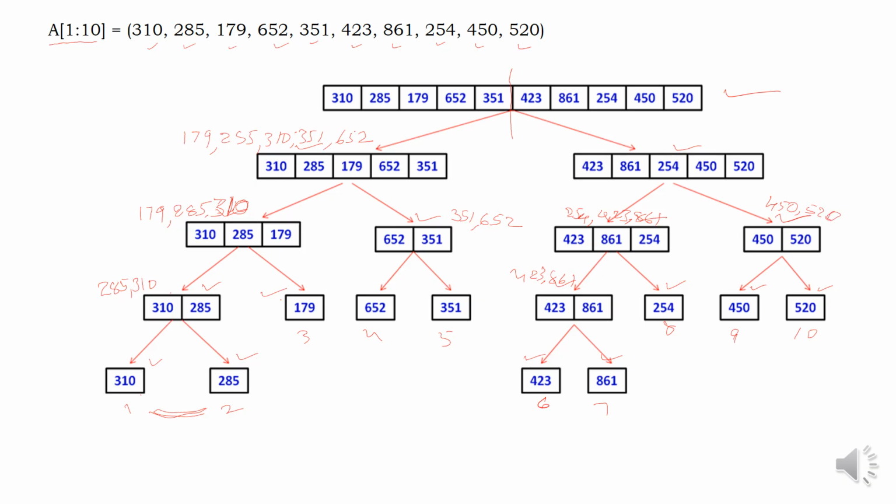Now, the sorted array consisting of three elements and the sorted array consisting of two elements are merged together to form one more sorted array, 254, 423, 450, 520, 861.